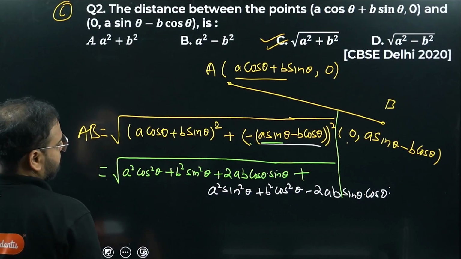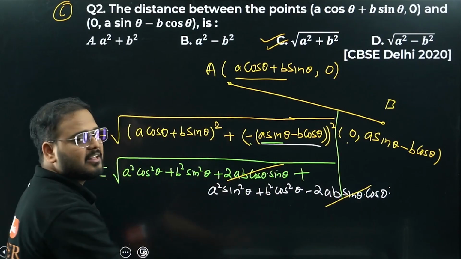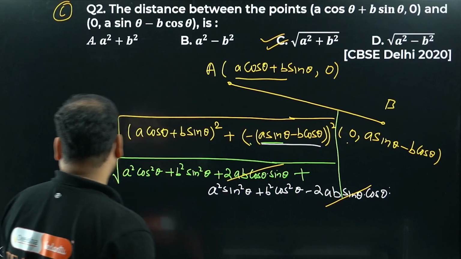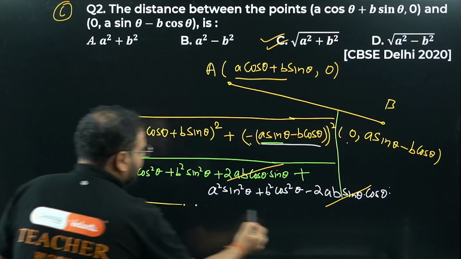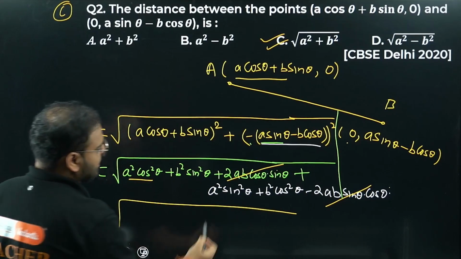Have a look. If you add them, this is positive 2AB, this is negative 2AB, and in the root it gets cancelled. Is it not? Okay, what about the next step? I'll continue like this. I can take A square common from A square cos square and A square sin square.